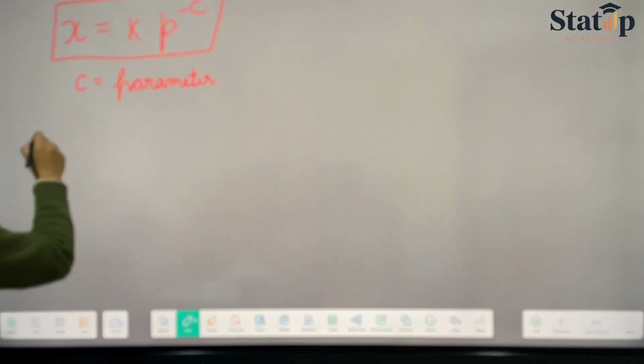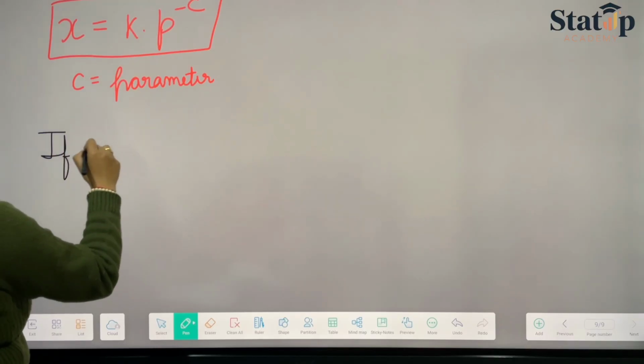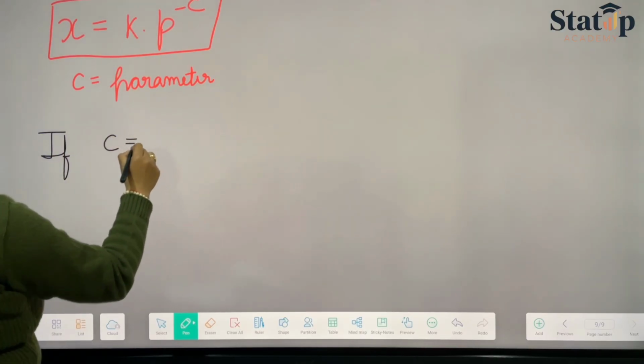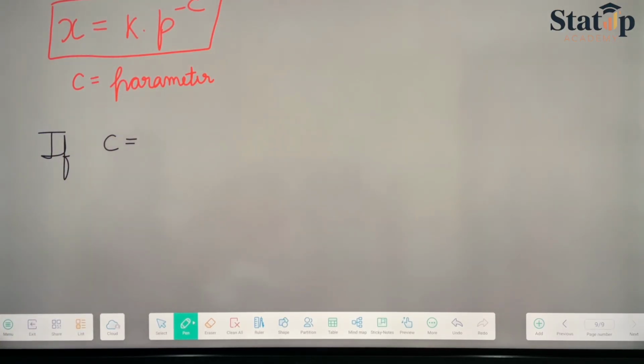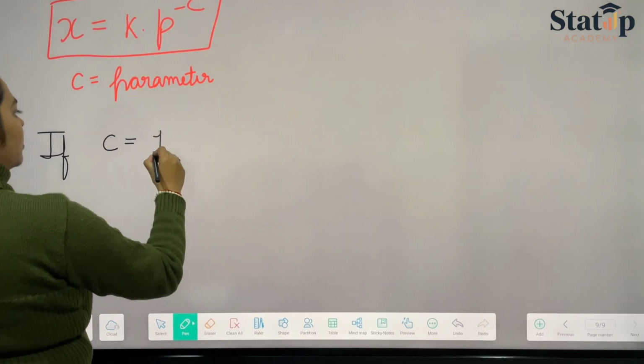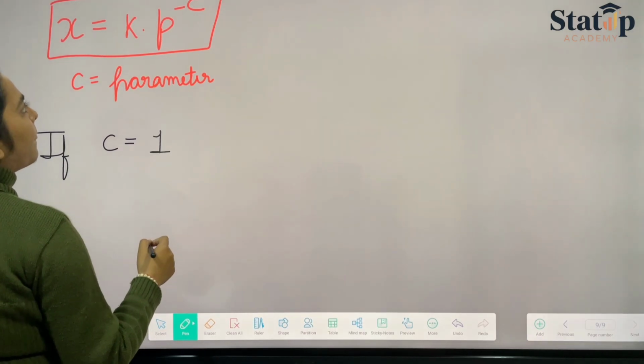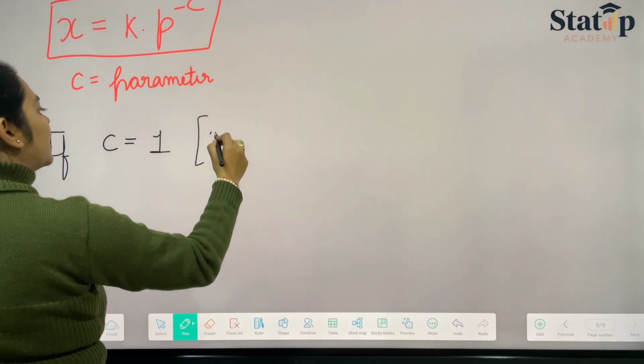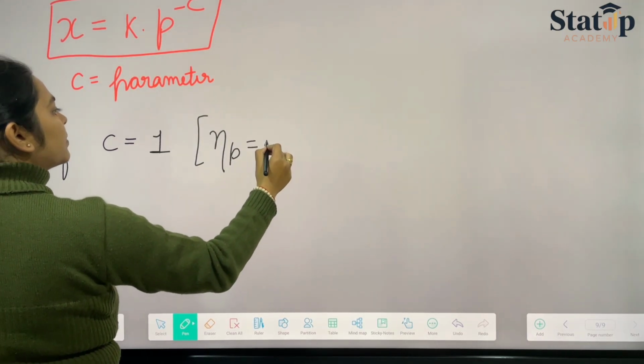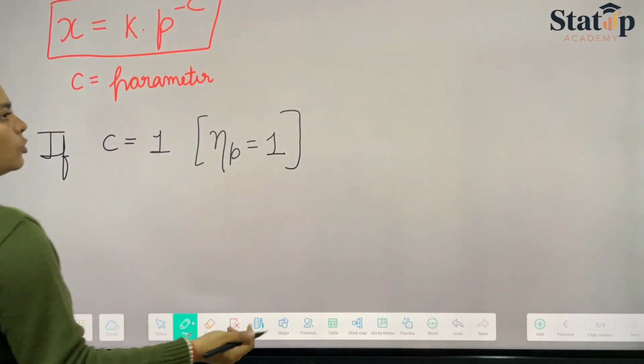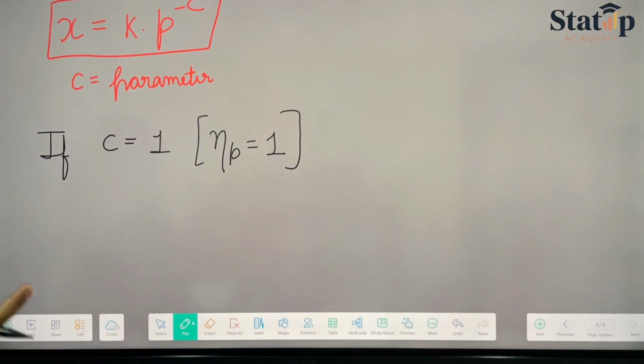Let us take c equals 1, where c is nothing but eta p, which we assumed in the very starting is a constant value 1. So let us take it that the demand is at unit elasticity.